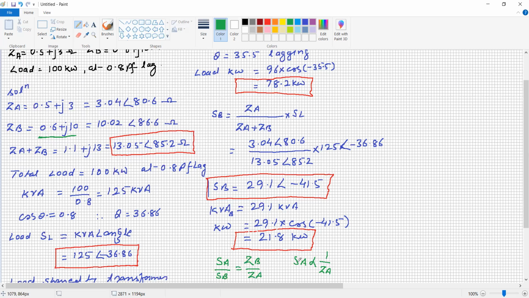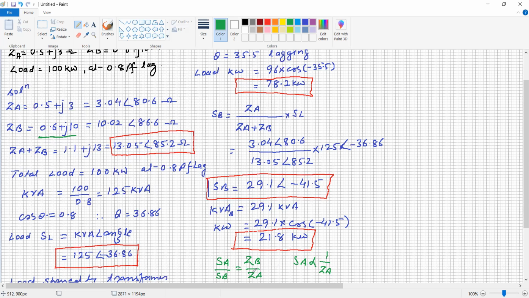The smaller the impedance, the higher the power shared by that transformer. The higher the impedance of a transformer, the less power it will share. This is the conclusion from this example.